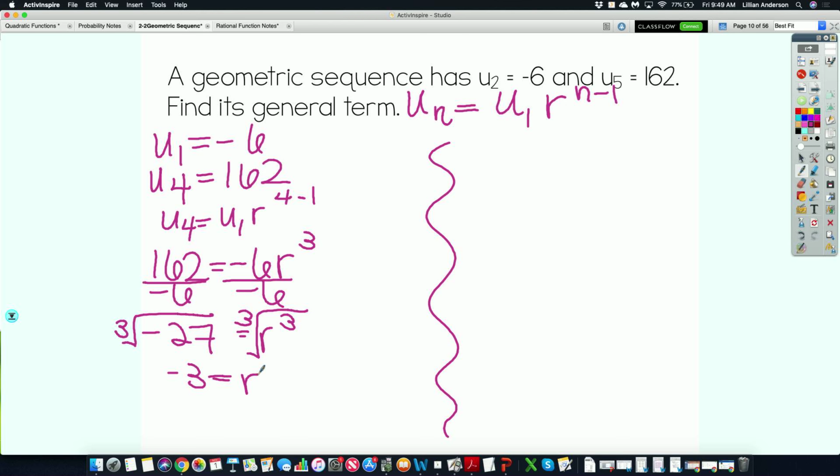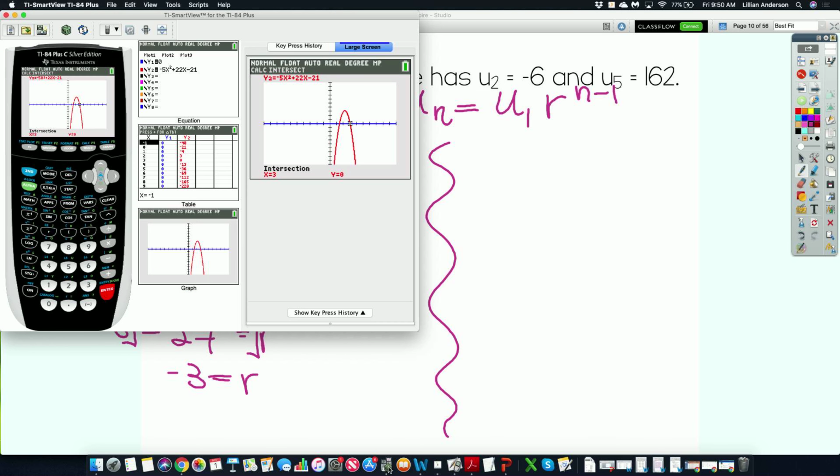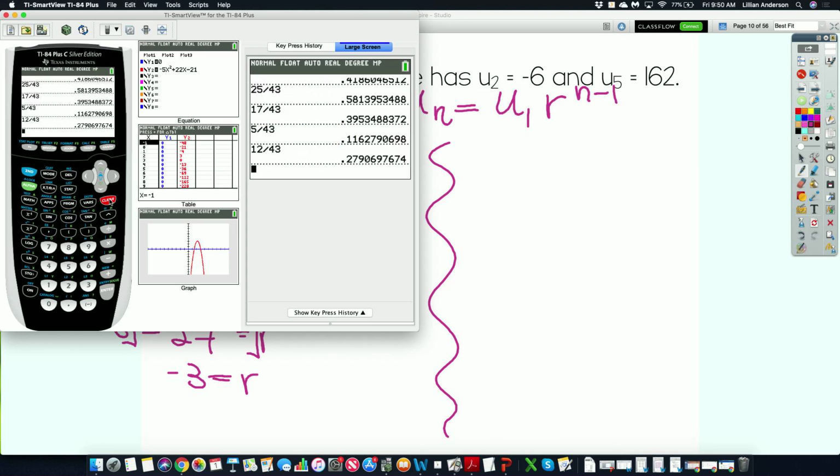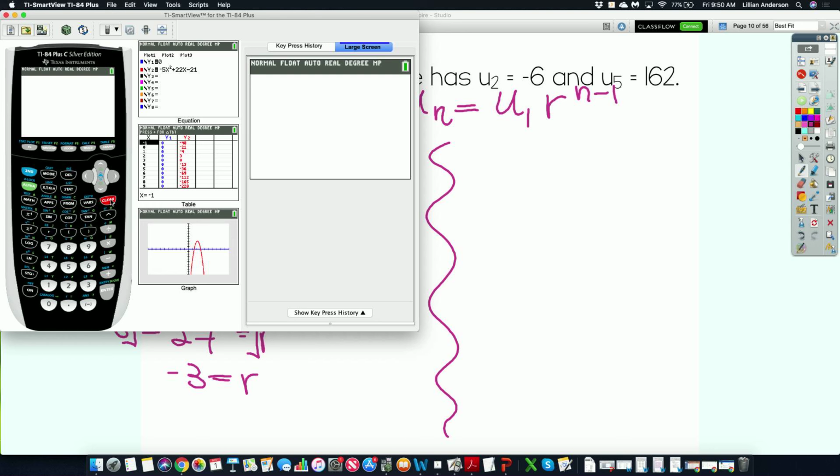If it were something that wasn't an easy number like this, okay? In your calculator, on the home screen, I would go to math, option 4, which is the cube root, and then I would type in the number.